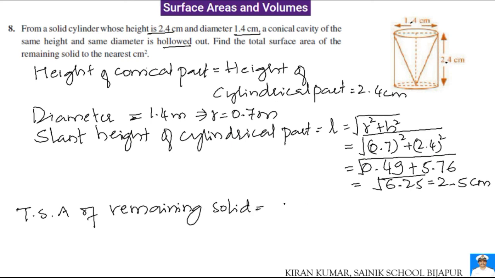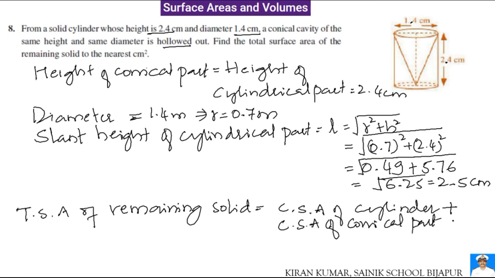So the total surface area of the remaining solid will be equal to the curved surface area of cylinder plus curved surface area of conical part. Is that enough? No, because this side I need to consider the base.